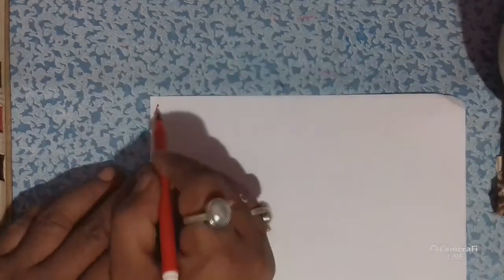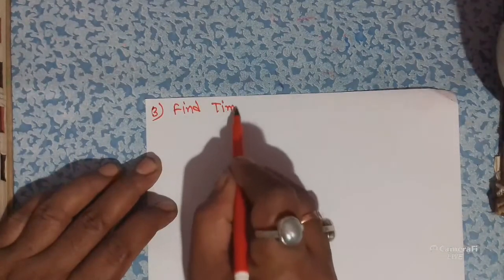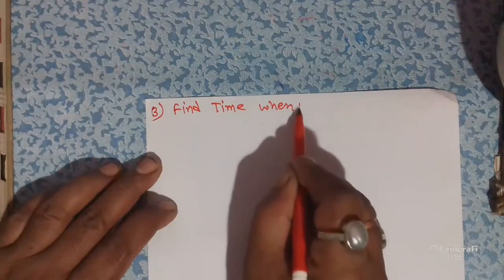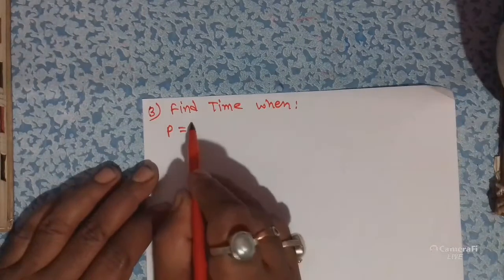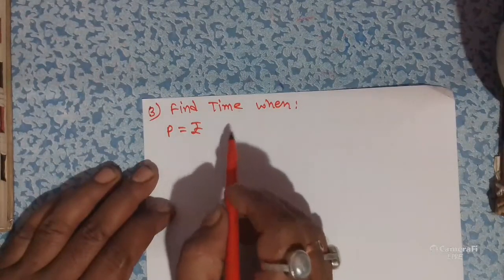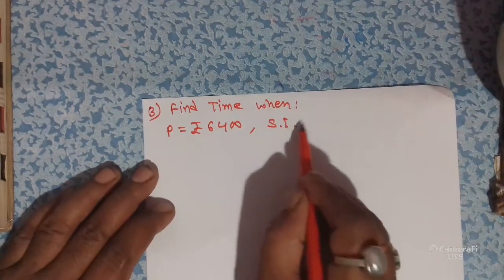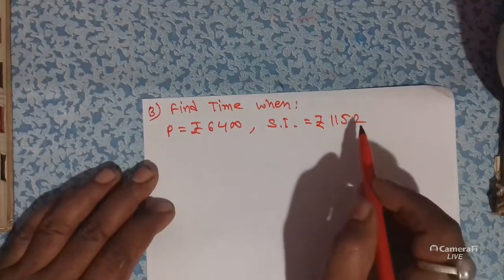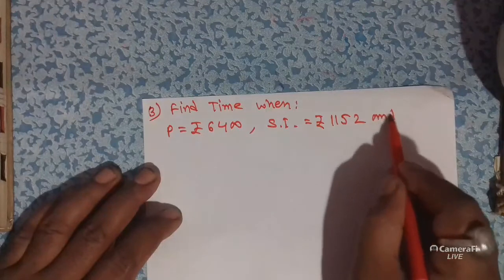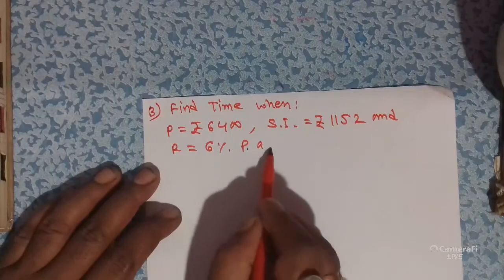So the next problem is: find time when P is equal to rupees 6400, simple interest is equal to rupees 1152, and rate of interest is 6% per annum.